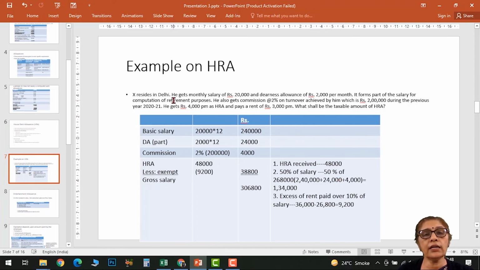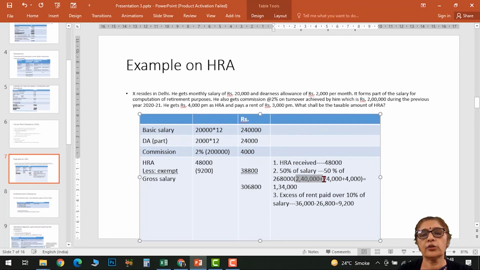Since he's staying in Delhi, we have 50% of salary. And what is salary? Basic plus DA because it is a part, plus commission because it is a percentage of turnover. So 2,40,000 plus 24,000 plus 4,000. This is the salary that we consider.